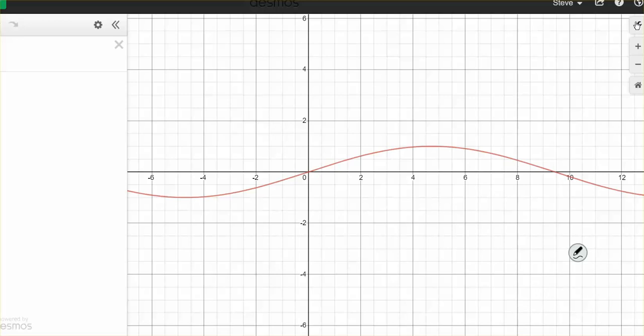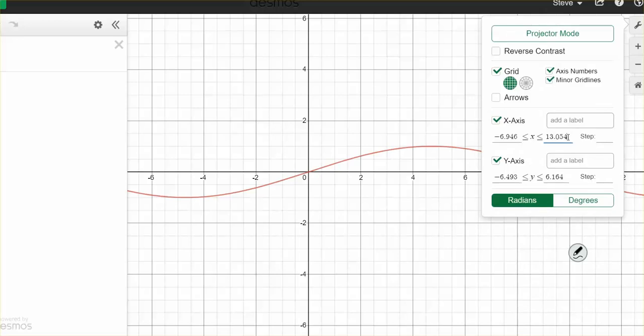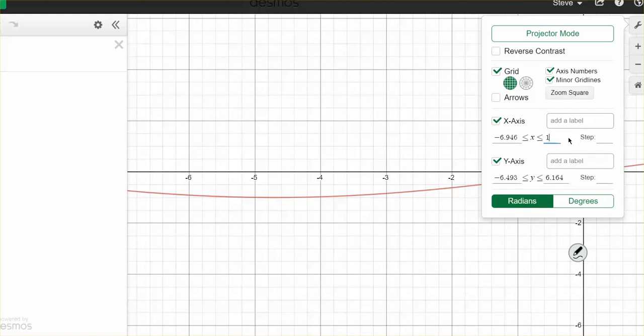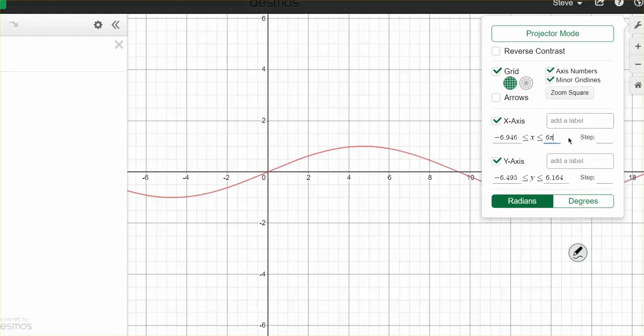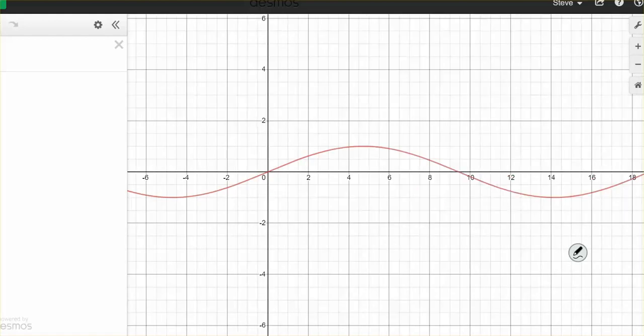So if I change this to 6 pi, you can see there's the one complete cycle of sine. It goes from here all the way to there. Makes sense? Hopefully.